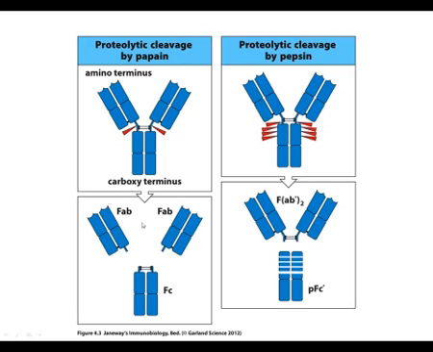So what happens is you get 2 FAB fragments, antibody binding regions, and then 1 FC portion. Pepsin, however, cleaves up in this constant region or parts of this constant region into fragments. So you're really just left with an FAB2 region.